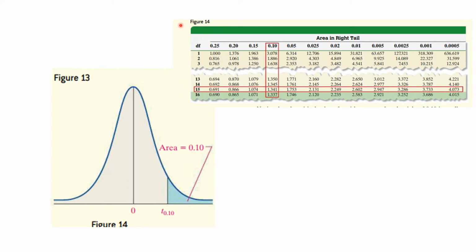So we move over here. This is the area under the right tail is 0.10. So we run our finger down here, our finger across here, and the answer to that, t of 0.10, would be 1.341. That's how we use this table.